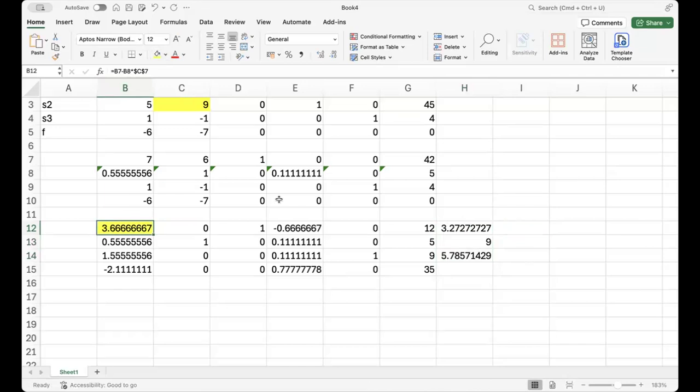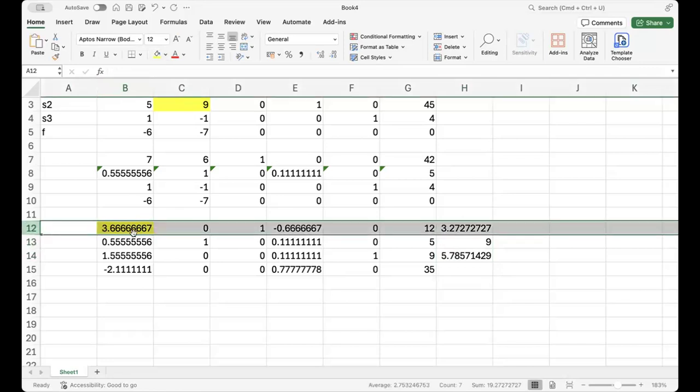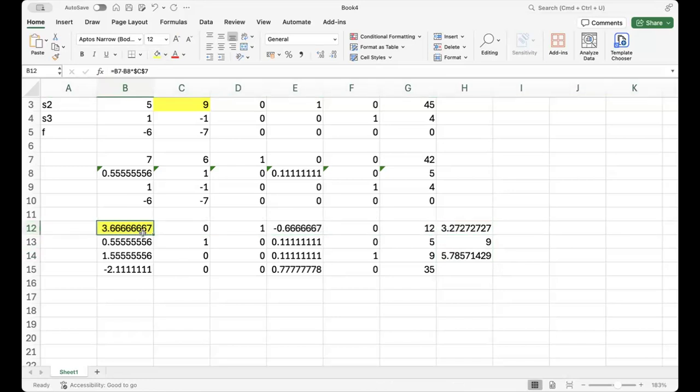For the next table, you just copy it first and then divide the whole row by this element. So you get 1 at this position.